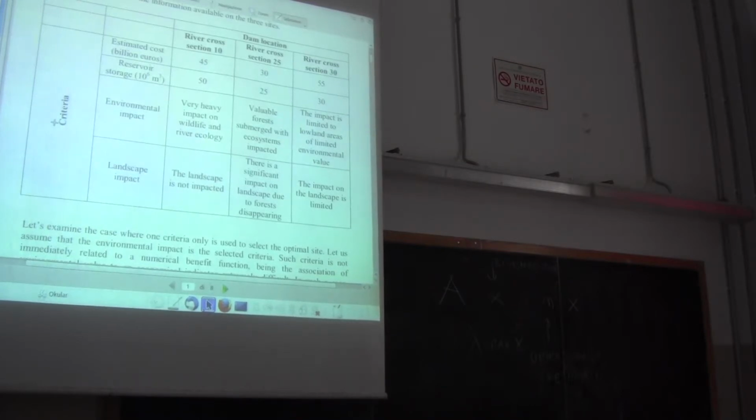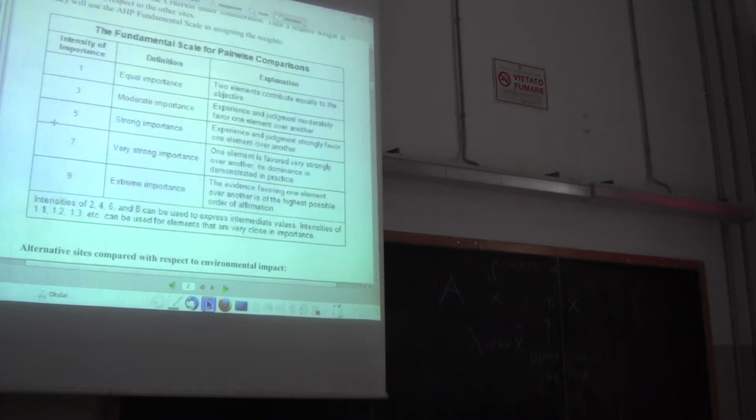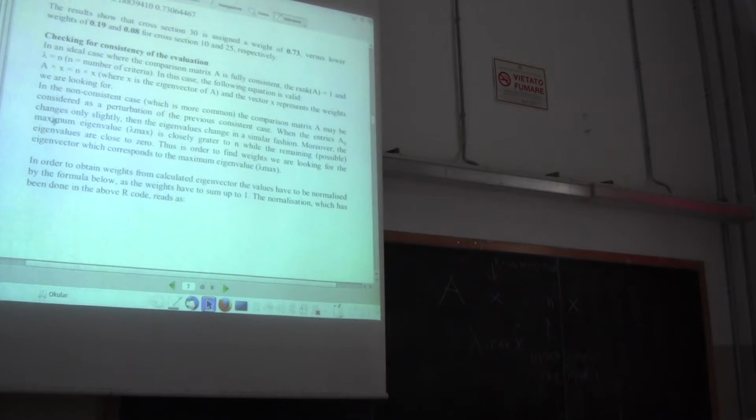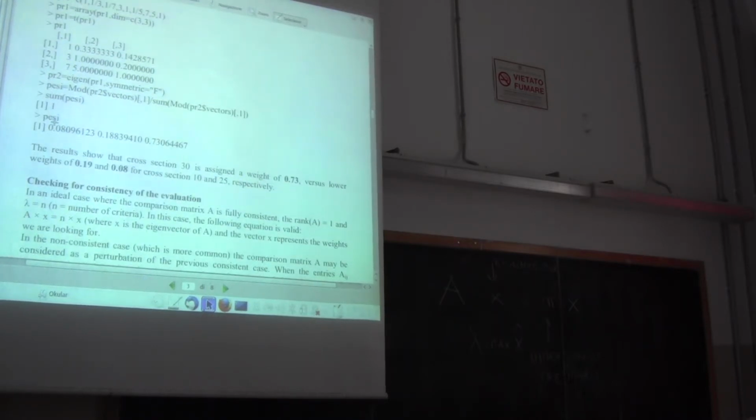And then we have 25 in between, and 10 with high impact. So, of course, the result is fine. And now let me see if they don't sum to 1, which is strange. Maybe I made a mistake in... no, it's fine. 0.73 plus 0.19 means 0.92, plus 0.08, they sum to 1. Correct?